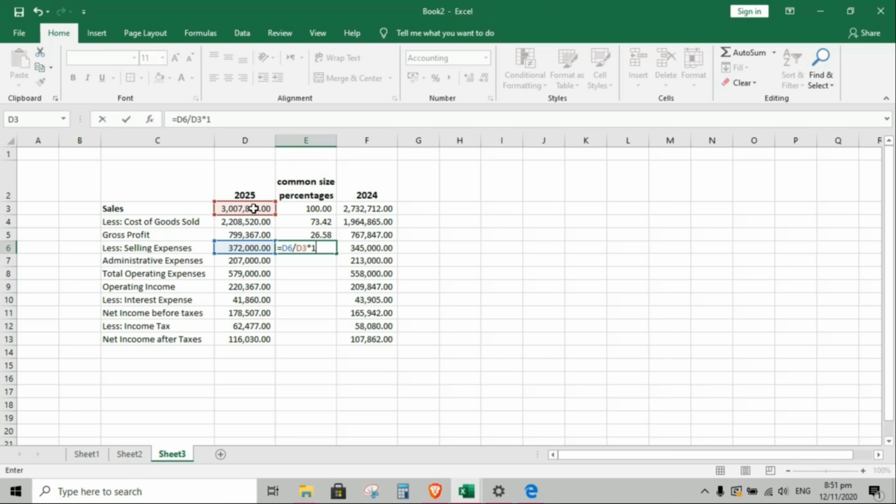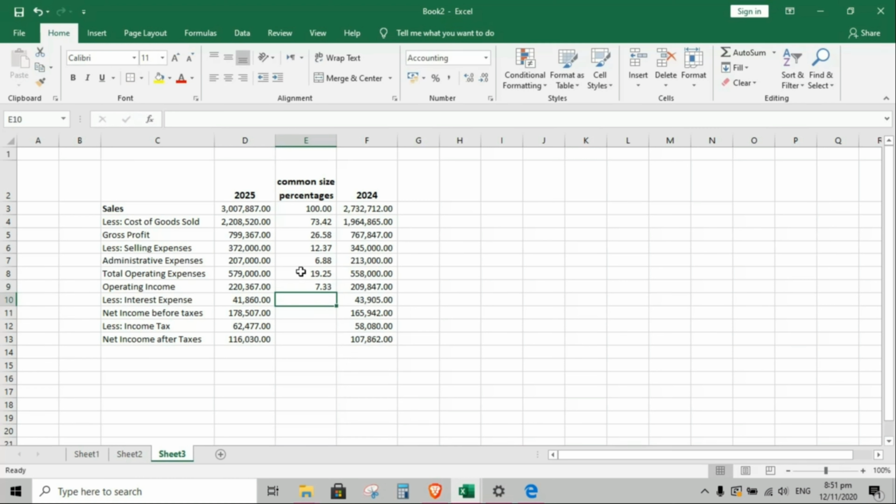Bakit divided by sales? Kasi sales yung ating base item. Okay, so next is advertising expenses divided by sales times 100. Okay, yeah, 6.88. And so on and so forth. Okay, so i-input na natin isa-isa. 9.25, 7.33 ang magiging sagot dyan.